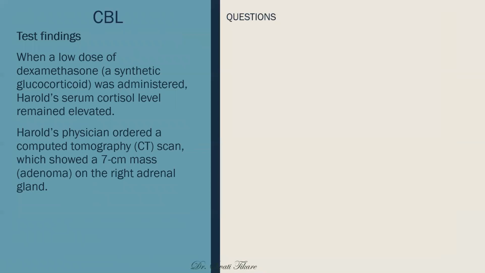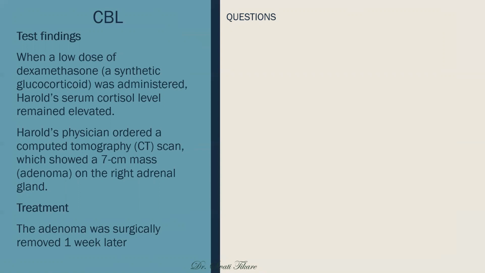So these were the findings. The diagnosis was an adrenal adenoma. That means the adrenal gland was increased in size and probably producing excess glucocorticoids. So the treatment: the adenoma was surgically removed 1 week later.